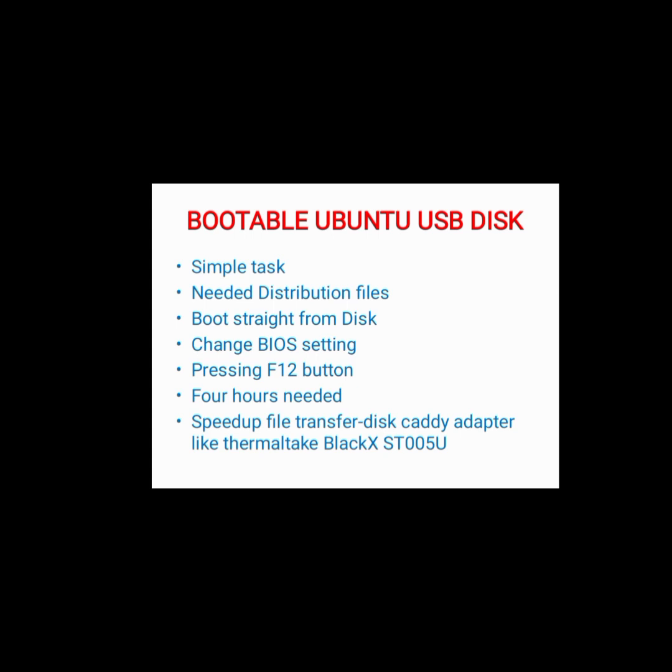Many new systems have the option by pressing the F12 button when power is on. Once your system has booted, it is ready to make your backup image copy. It takes nearly 4 hours. If you are using a disk caddy adapter like the Thermaltake BlacX ST005U, it will speed up the file transfer.